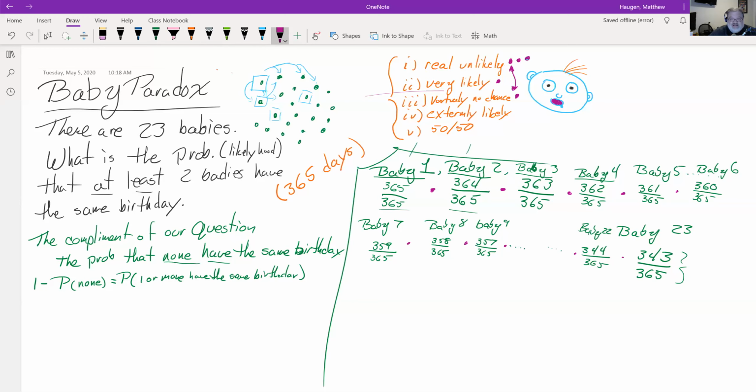So we would take 365, multiply by 364, multiply by 363, multiply by 362, and keep multiplying until we get to 343, and then divide that by 365 multiplied 23 times.